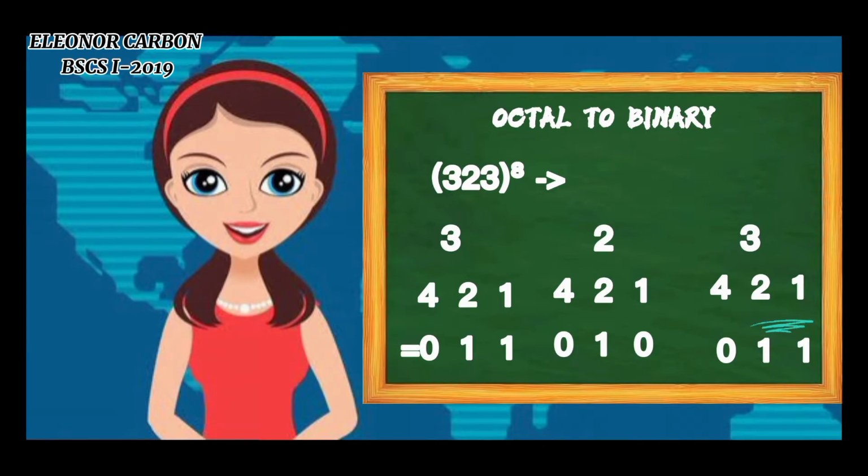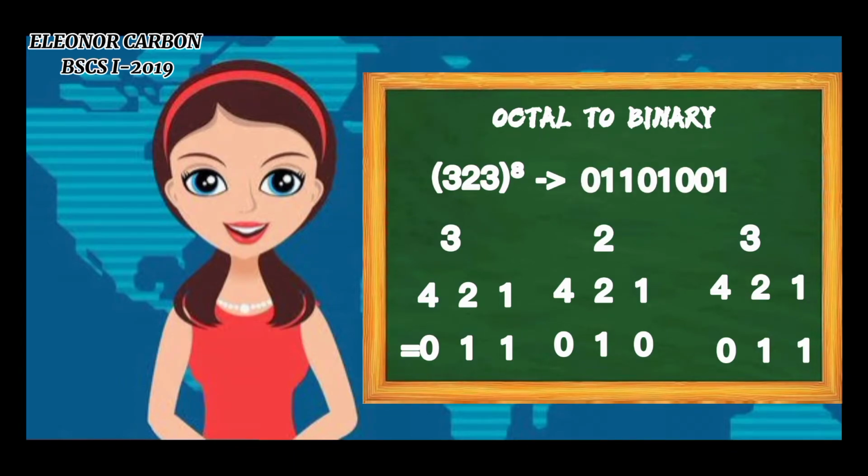Sum is 2 and 1. Then, let's separate it into 1. Tapos, yung 4, di naman nagamit, replace natin siya sa 0. So, 323 in the octal system is equal to 0, 1, 1, 0, 1, 0, 0, 1, 1 in the binary system. So, ito na ang final answer niya.